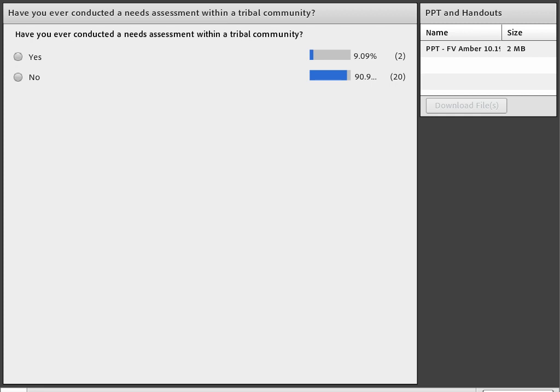That is the reality, is that the assessment gives us an idea of what the needs are that are specific to that tribe, and that's what's so important.